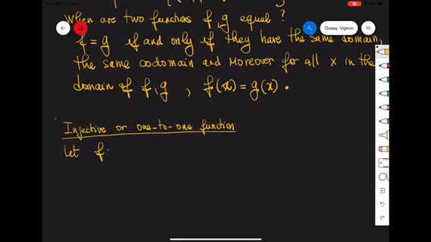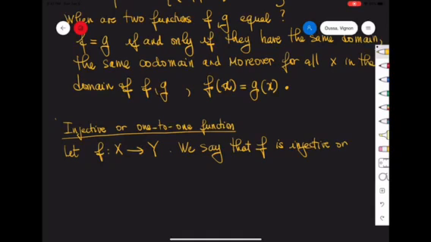Let f be a function from X into Y. Here X is the domain of the function and Y is the codomain of the function. We say that f is injective or one-to-one if the following holds true.